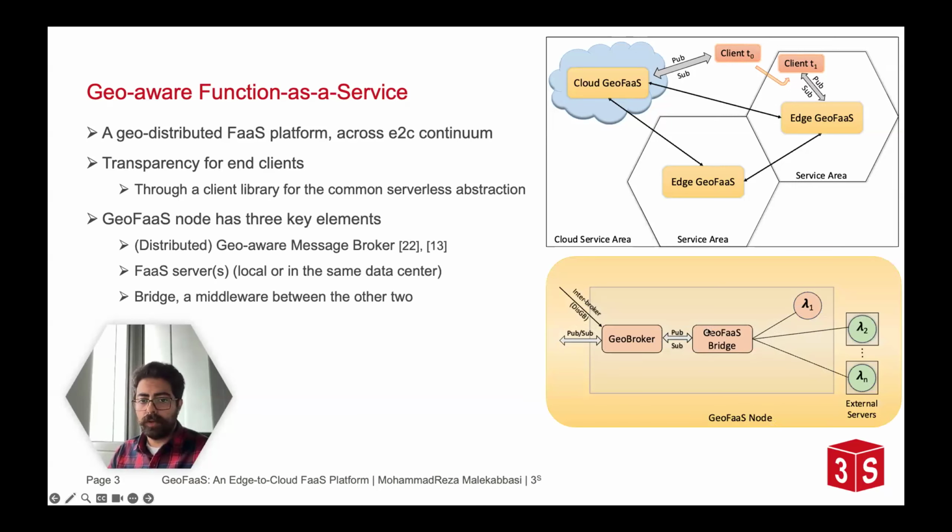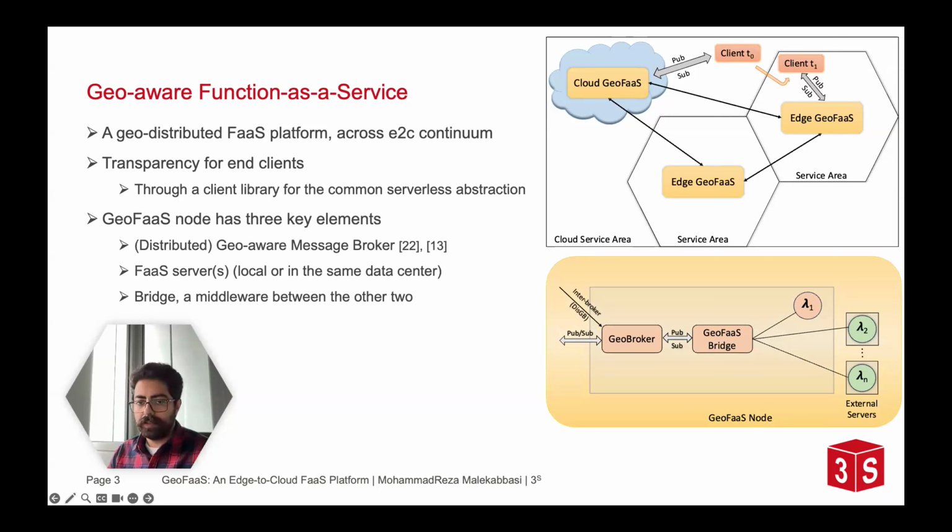A GeoFaaS node actually has three key elements. A geo-aware message broker providing a distributed pub/sub paradigm, FaaS servers, whether on the same machine or in the same data center, for executing functions, and the GeoFaaS bridge, which connects the aforementioned elements.